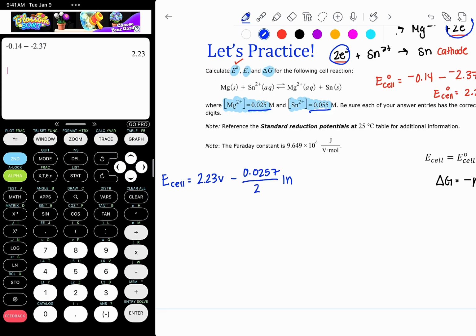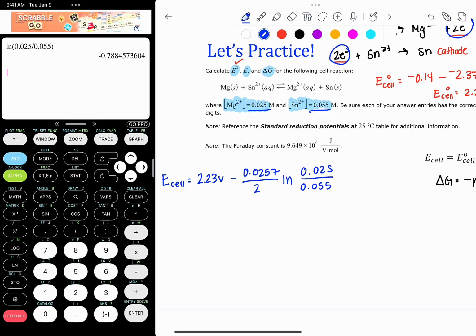So the magnesium is 0.025, and then the tin was 0.055. So let's do that. Natural log, 0.025 divided by 0.055.